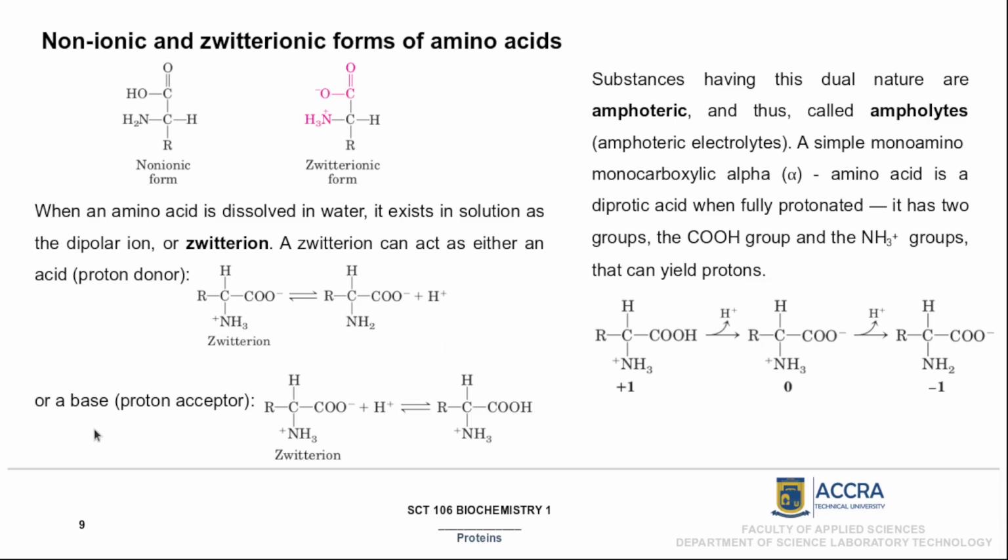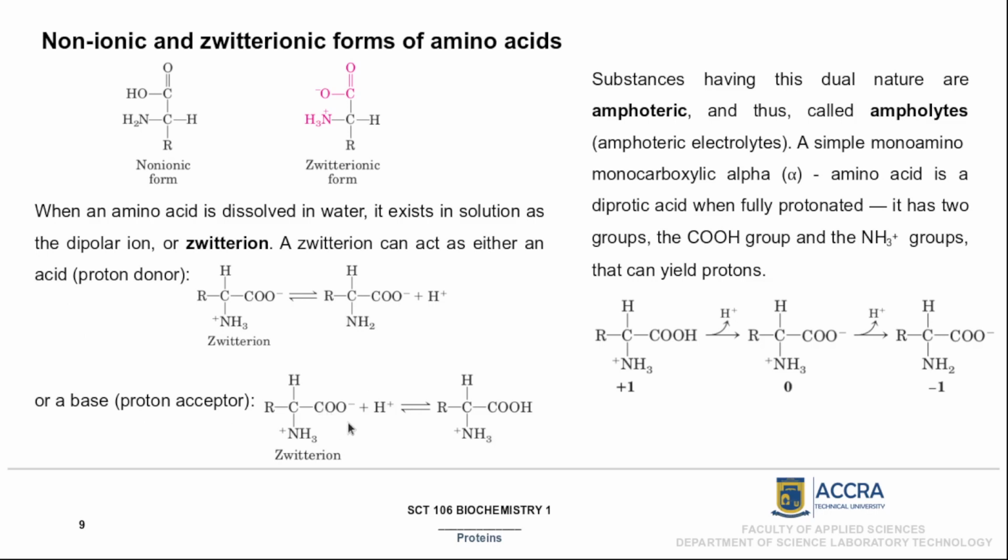It can also act as a base or a proton acceptor, where you have the carboxyl group accepting a proton in solution and becoming neutral, and thus having a product that has a net charge of positive on it. So the zwitterion can act either as an acid or a base in solutions.